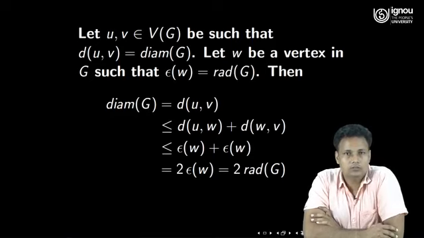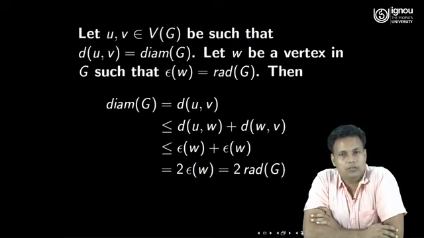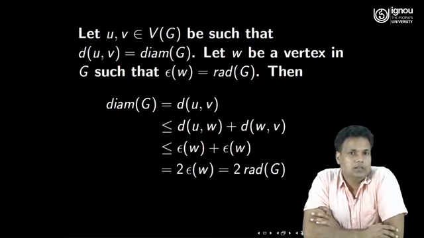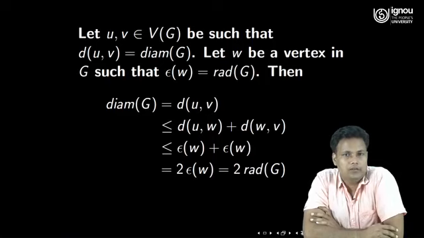So this sum is less than or equal to twice the radius of G. Thus we have proved that the diameter of a graph is at most twice its radius.